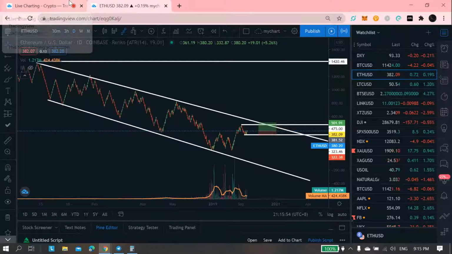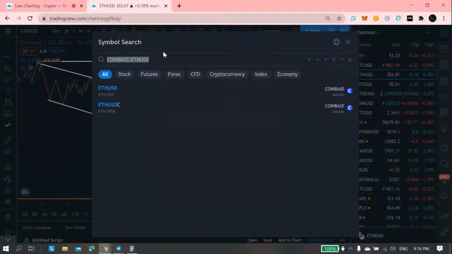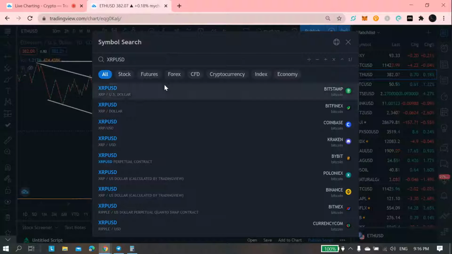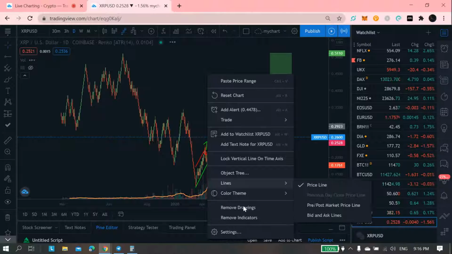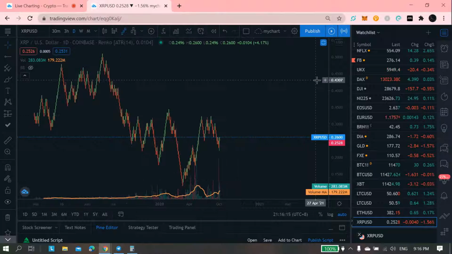So let's move on to our next cryptocurrency we're looking at, which is the USD, or I mean XRP USD. Let's also use Coinbase. Let's remove all the drawings first.